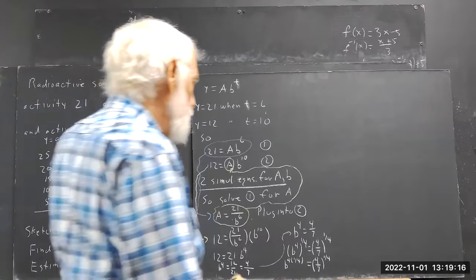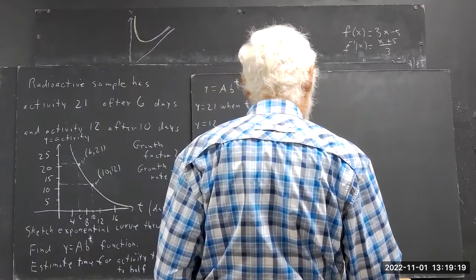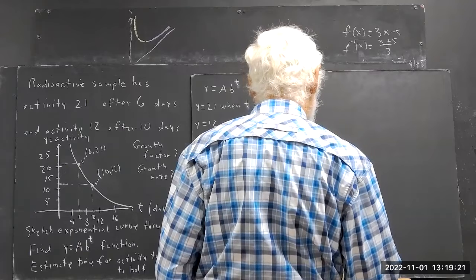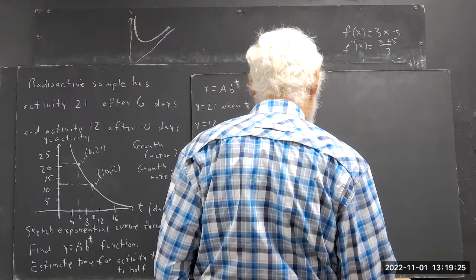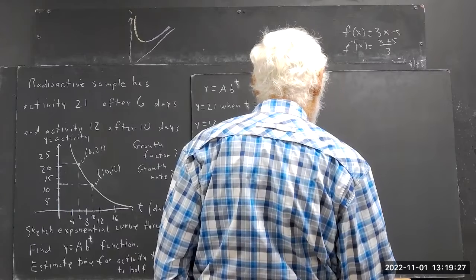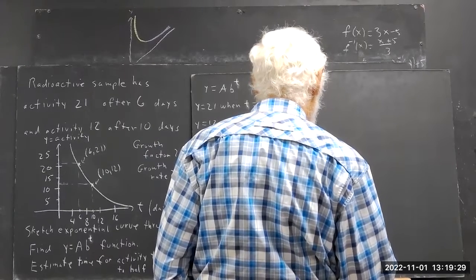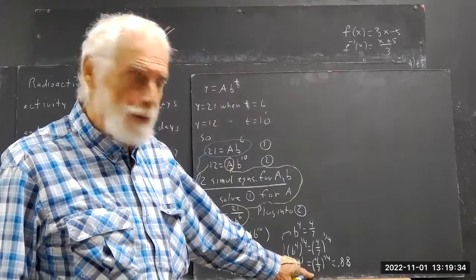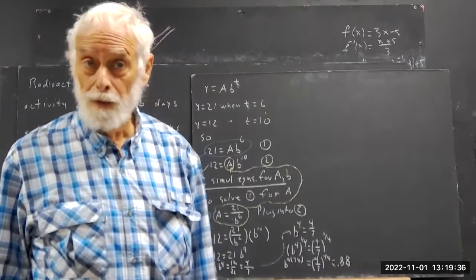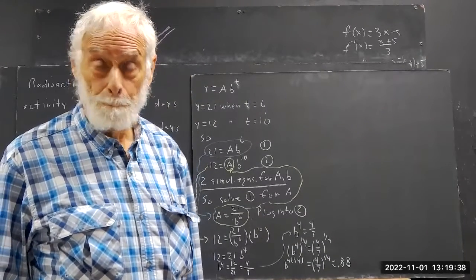So I'm going to say that's about, I don't know if it's 0.89 or 0.88. Check it with the calculator if you have one, but I think it's going to be somewhere around that, a little less than 0.9. Okay.